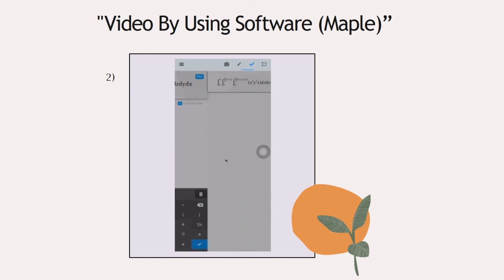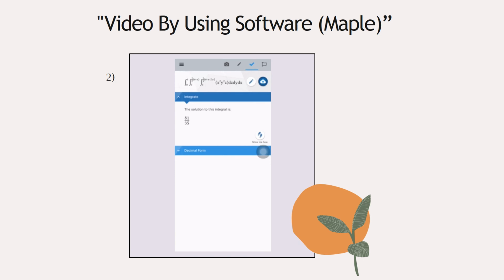Then we press enter, and we get the answer 81/35, in decimal form 2.314, which equals the manual calculation for Mxz.